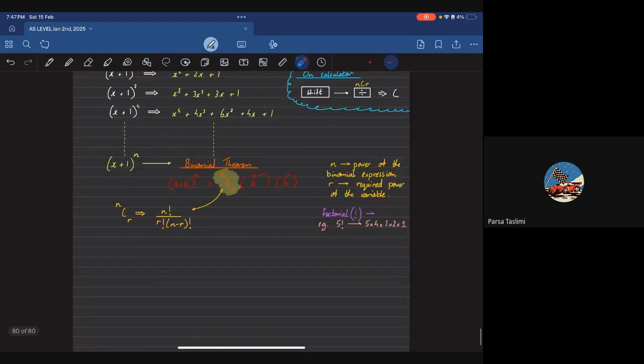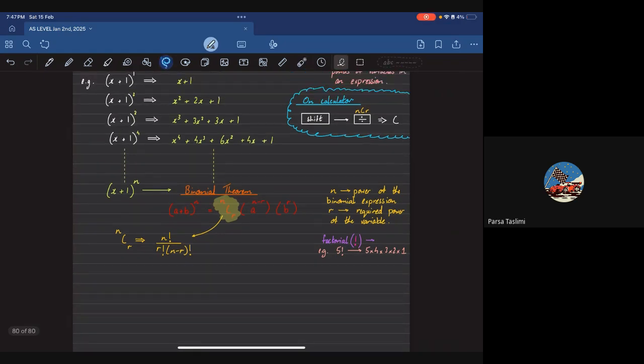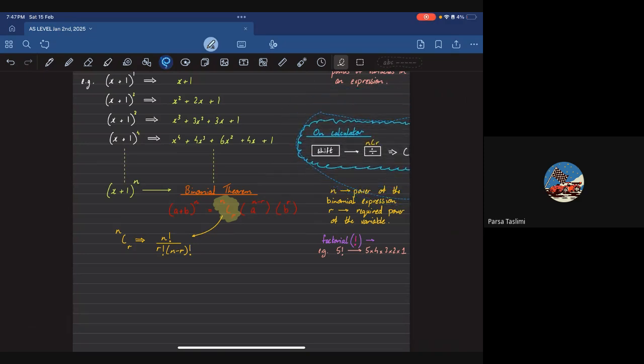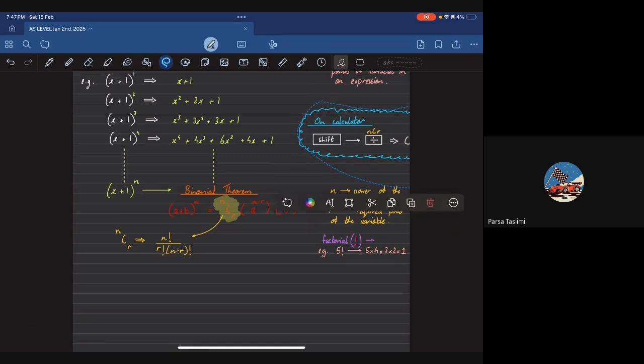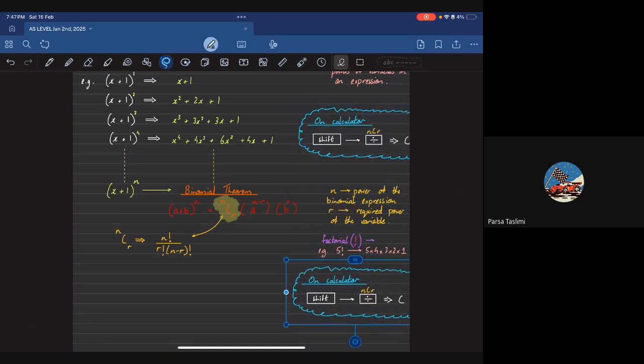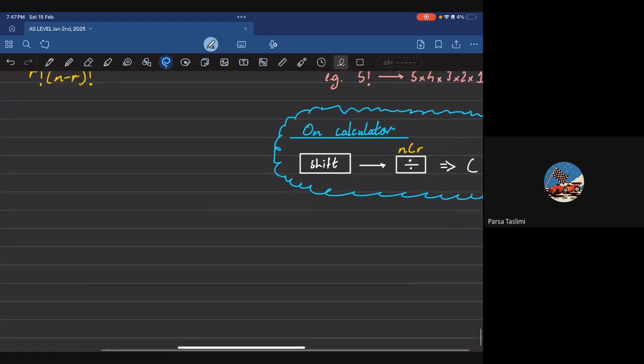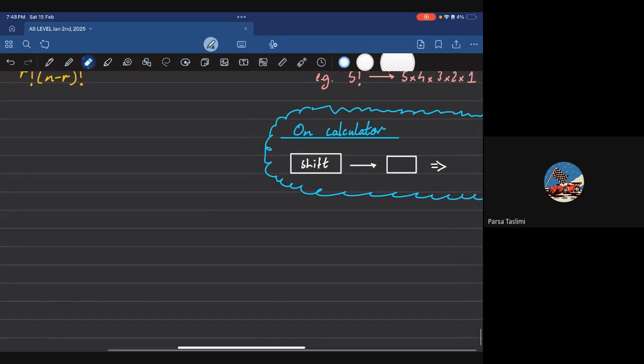Now, some students have also asked me how to get the factorial button on their calculators. A lot of people struggle with it, and it's different for different calculators. Usually you press this button.